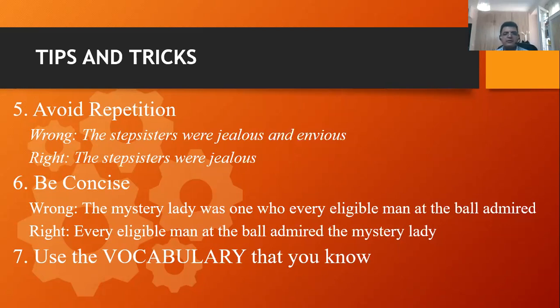Tip number 6: be concise. When we say be concise, it means don't write more than what is necessary. You should summarize what you want to say without any unnecessary additional phrases, sentences, or even words. If I write a sentence like "The mystery lady was one who every eligible man at the ball admired," it is not acceptable in academic writing. The correct form is "Every eligible man at the ball admired the mystery lady."